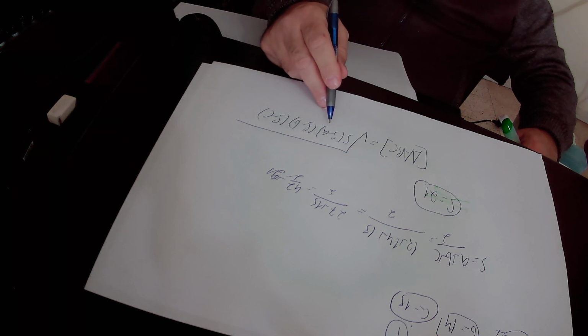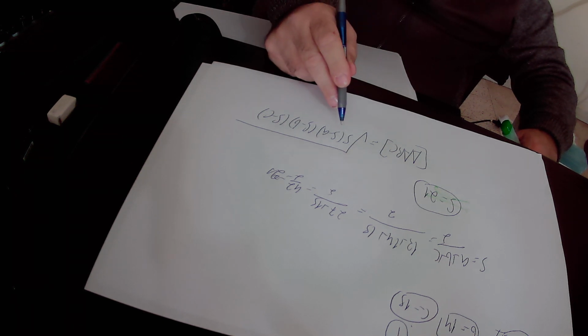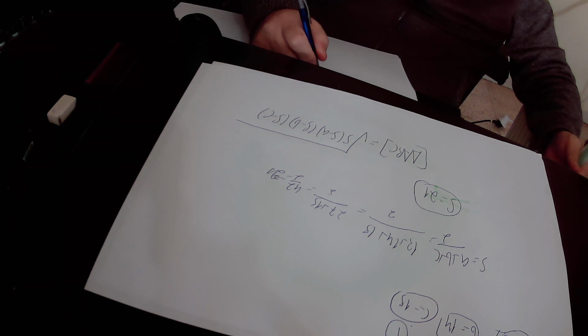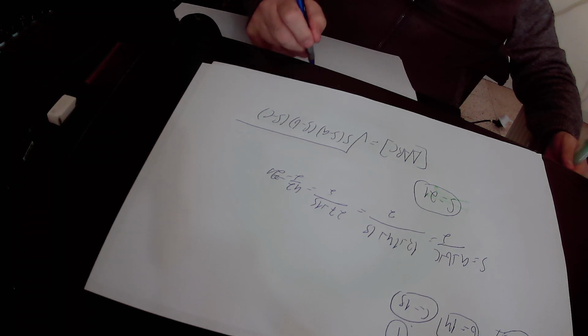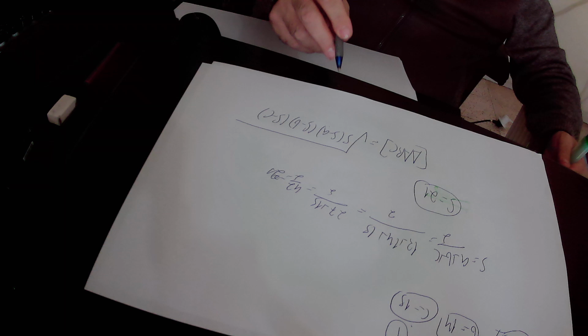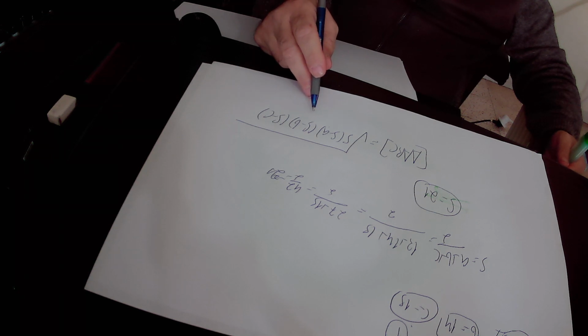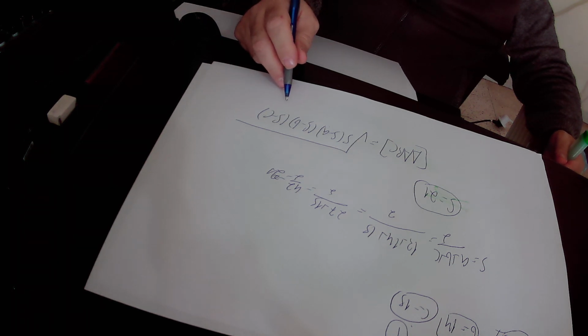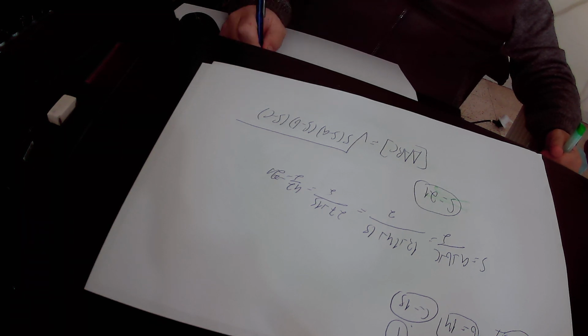Again, S is 21 minus a. a is 13. So S minus a in total is 21 minus 13, times S minus b. S is 21 and b is 14. So in total S minus b is 21 minus 14. Times S minus c. S is 21 and c is 15. So in total S minus c is 21 minus 15.